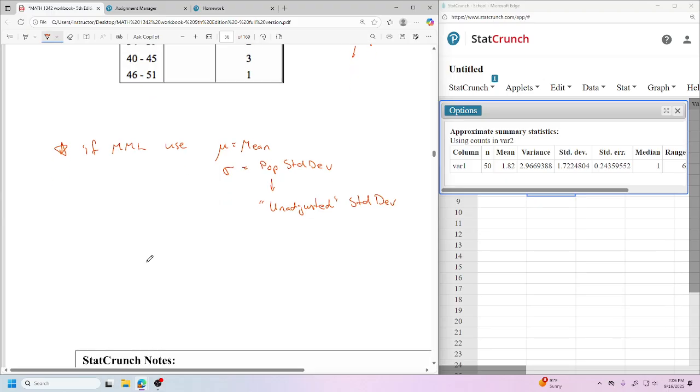Another one I have, at least on the homework right now, number 6 on the homework. It says that the counts must be integers. I'm going to write that down. So on number 6, it says the counts must be integers. And what happens in StatCrunch is that it's like an error.